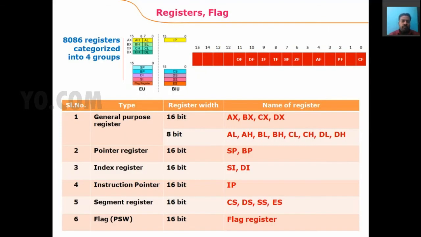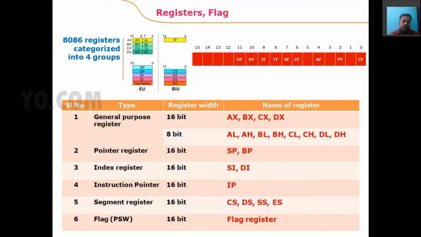Next, registers and flags. The general purpose registers are a combination of all the registers present here: the 16-bit AX, BX, CX, DX, and the 8-bit AL, AH, BL, BH, like that. Pointer registers: stack pointer and base pointer, SP, BP.